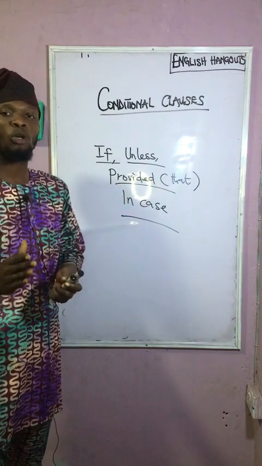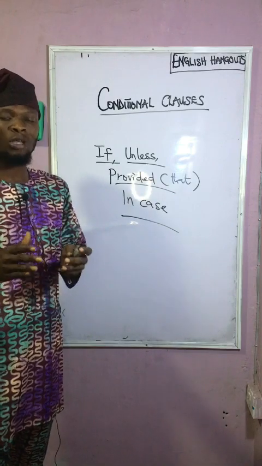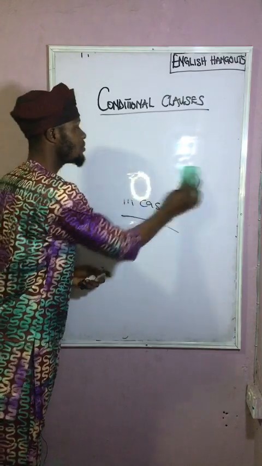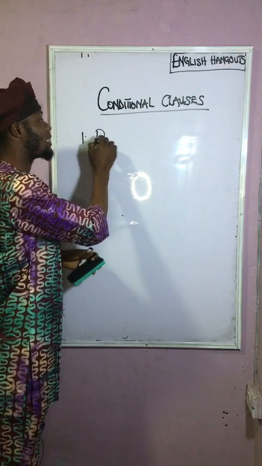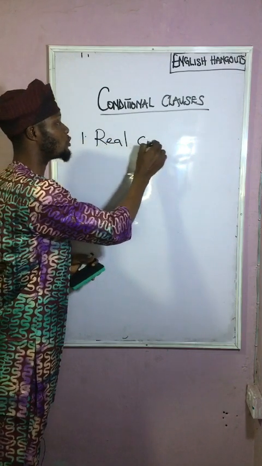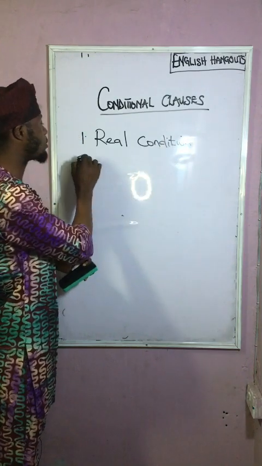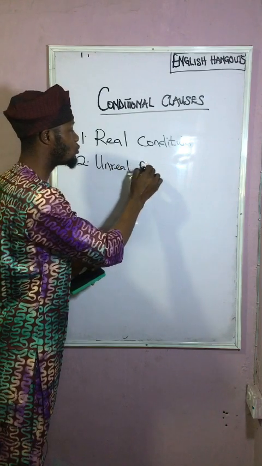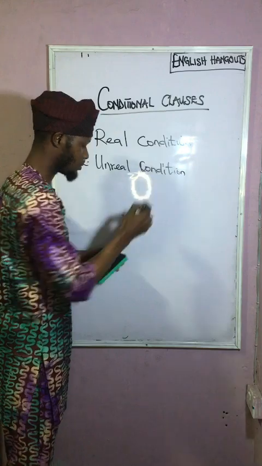When we are dealing with conditional clauses, there are two forms of conditional clauses. One, we have what we refer to as real condition. And secondly, we have what we call unreal condition.